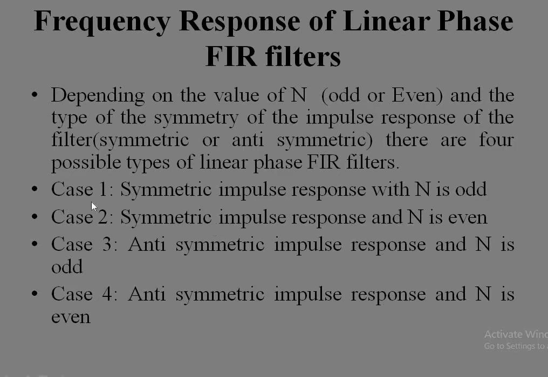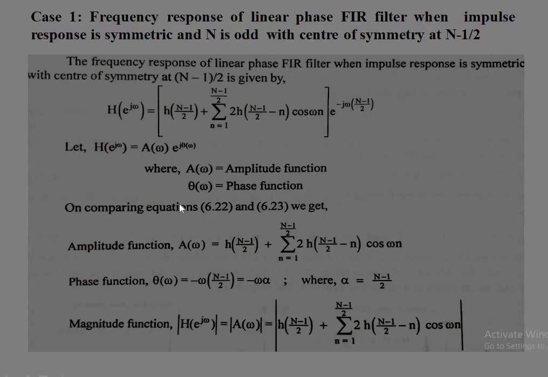Let us deal with case 1 first, where I consider a symmetric impulse response with the number of samples odd. Let us consider an impulse response which is symmetric, and the value of n is odd, with the center of symmetry at n minus 1 by 2, and I am trying to find the frequency response of the linear phase FIR filter.